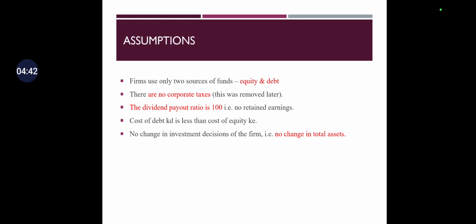And the next assumption is no change in the investment decision of the firm. That is, no change in your total assets. The total value of assets is never going to change. For example, if your company is in need of rupees 20 lakhs, what will be the proportion of the capital structure? 10 lakhs equity and 10 lakhs debt, but your 20 lakhs, the total capital employed in your business, is never going to change. Or you can choose 15 lakhs debt and 5 lakhs equity.